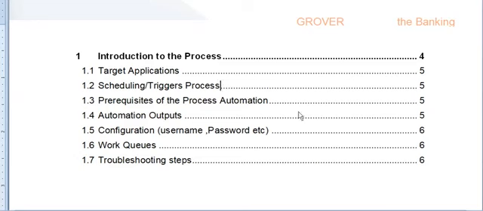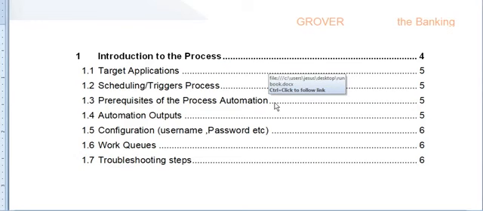And what is the prerequisite of the automation? Before you start your automation, what is the prerequisite? Installation of each EXE and DLLs, and your target applications, and your target application must be in running position.